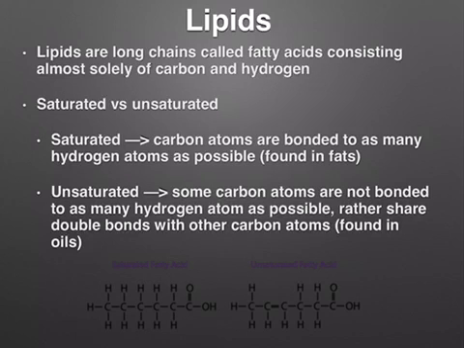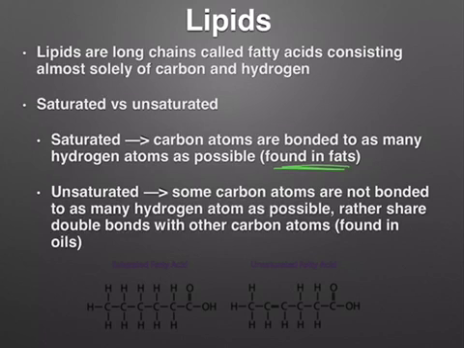Lipids contain very long chains called fatty acids, and they're almost only made up of carbon and hydrogen. These fatty acids can be saturated or unsaturated. A saturated fatty acid has carbon atoms bonded to as many hydrogen atoms as possible. And this is what we find in fats.